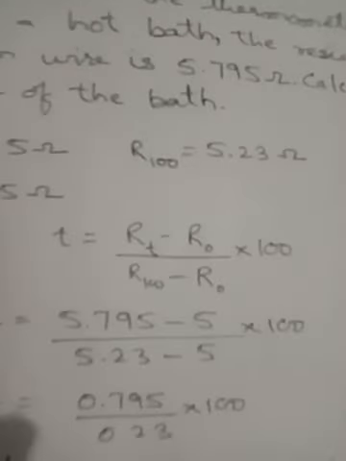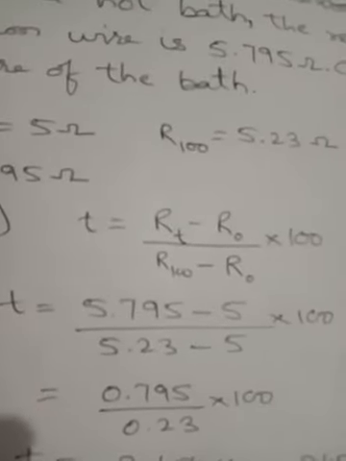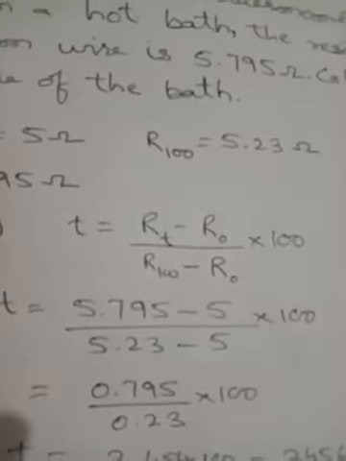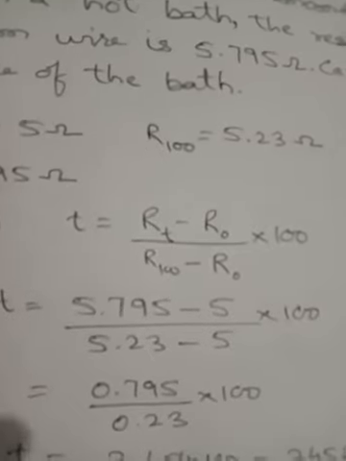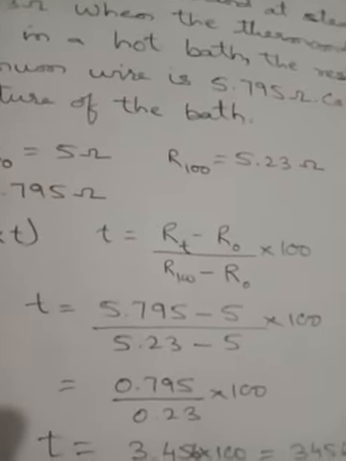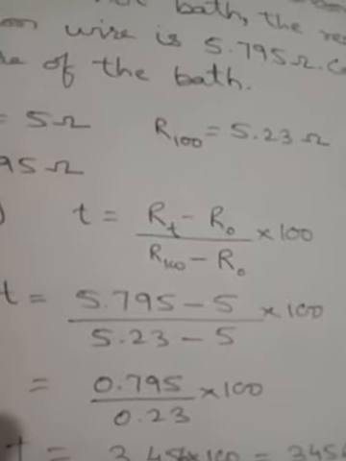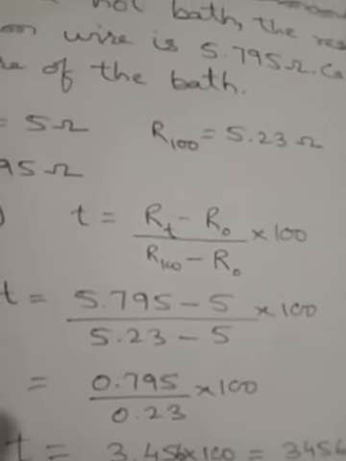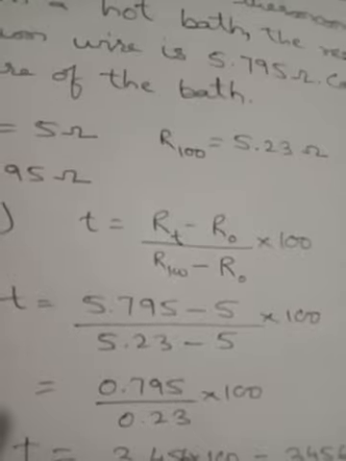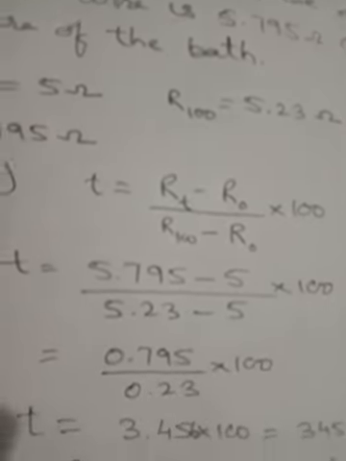So substituting the value of Rt, 5.795 minus R0, which is 5, divided by R100, which is 5.23, minus 5, into 100. So if you subtract, 5.795 minus 5 is 0.795. 5.23 minus 5 is 0.23, into 100.